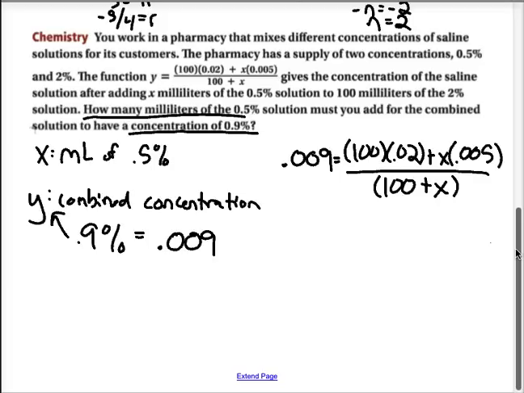All right. So now we want to solve this. Well, the cool thing is we can actually solve this algebraically. It may look really messy, but all the algebra that we need, we already know. So I'm going to multiply that 100 plus X over to the other side.